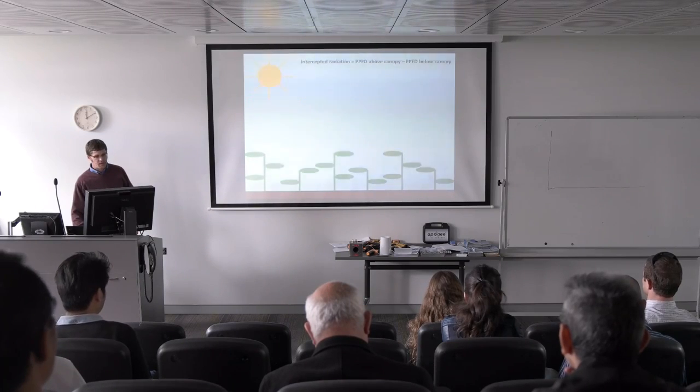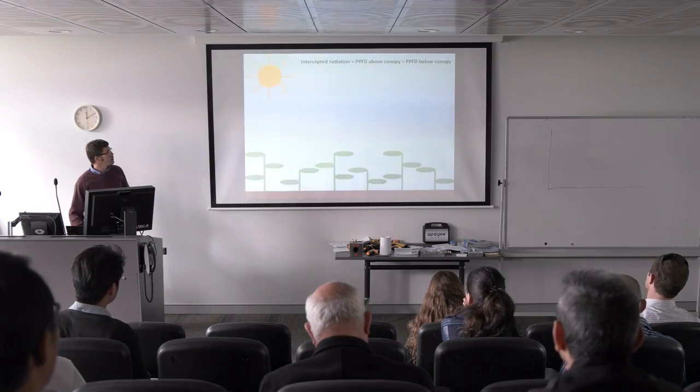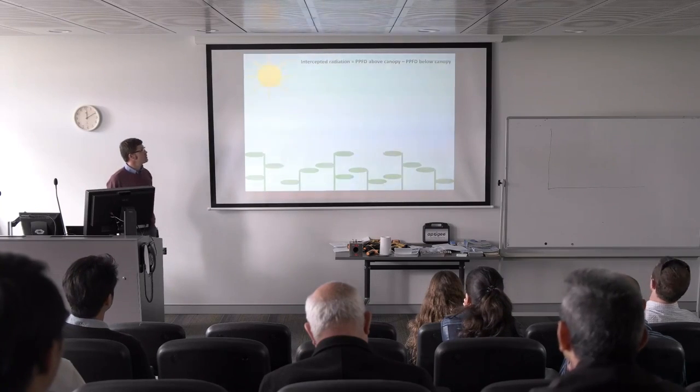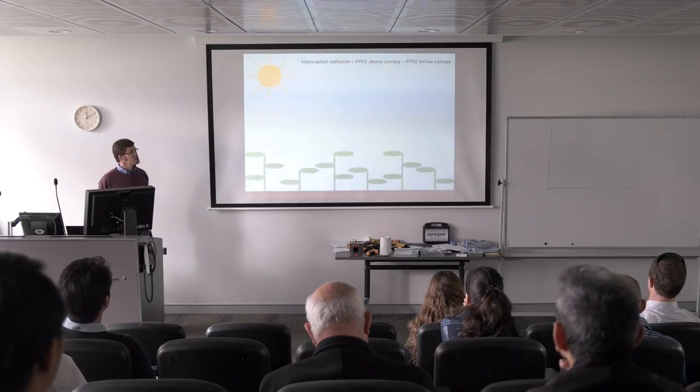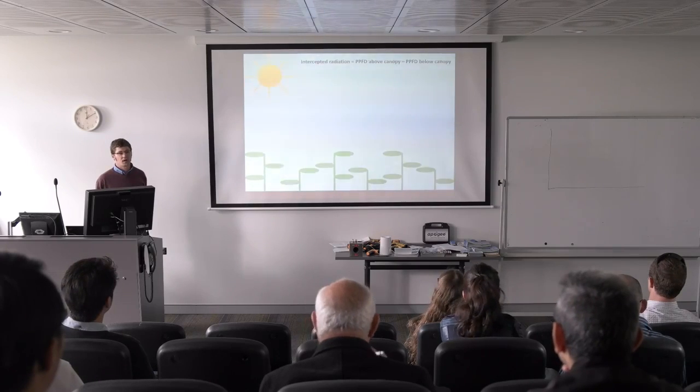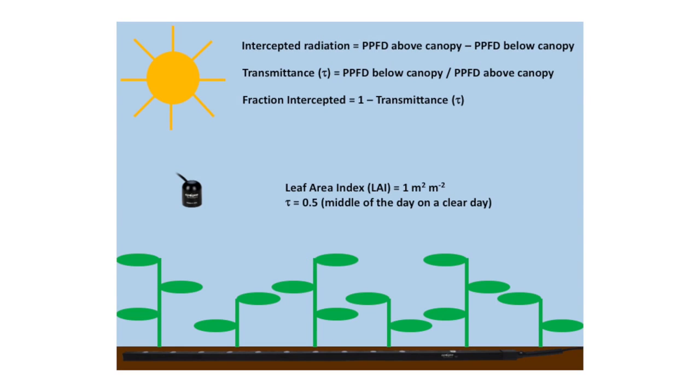So just to give you an idea, the equations are pretty simple. For the intercepted radiation, you just measure the photosynthetic radiation above the canopy and below the canopy. The transmittance is the below canopy measurement divided by the above canopy measurement.